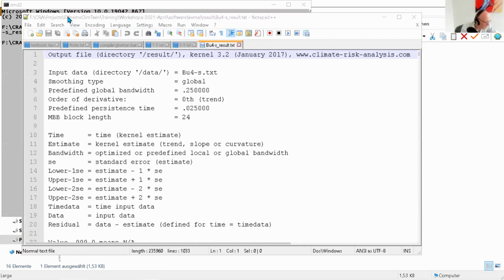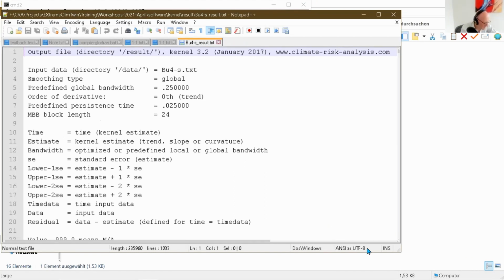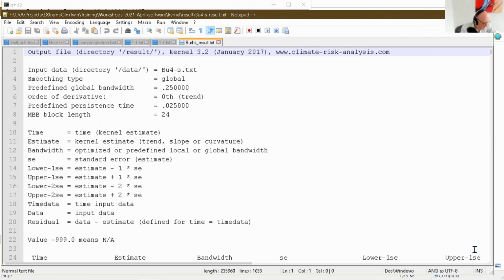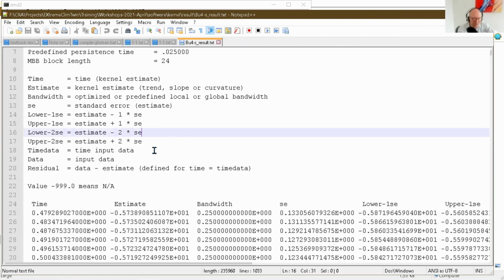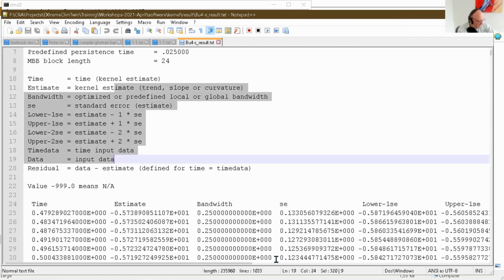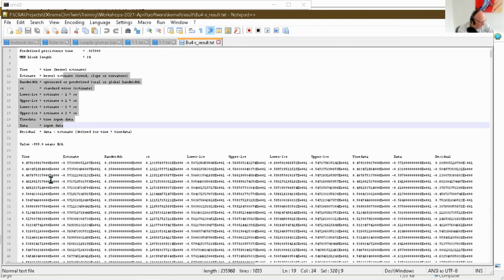And you have everything you need here. This is the header with the information on the data file and the estimation parameters. And then the description of what you find in the different columns. And then you have the time, the estimate, the bandwidth, and so on. You have everything you need to make the output.